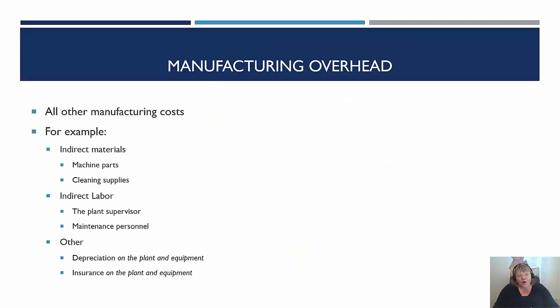Now, manufacturing overhead. All other manufacturing costs are overhead. For example, indirect materials, which would be machine parts and cleaning supplies. Anything they use in the production of those items that cannot be directly associated with that item. Glue. It's really hard to pinpoint how much glue is used on an item. Or nails.